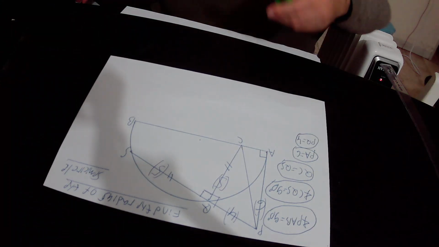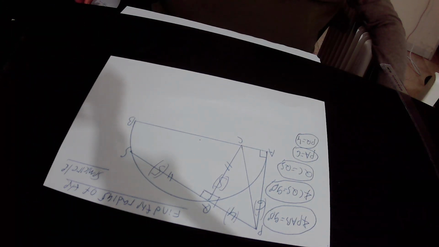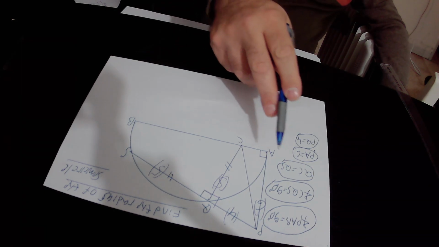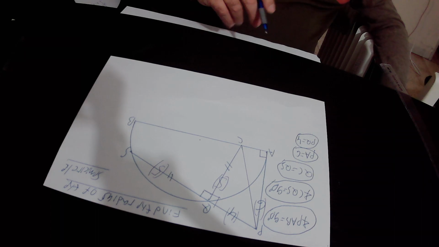In the next step, I will copy the right triangle PAC in a new page, and we will implement the Pythagoras theorem on this right triangle PAC.